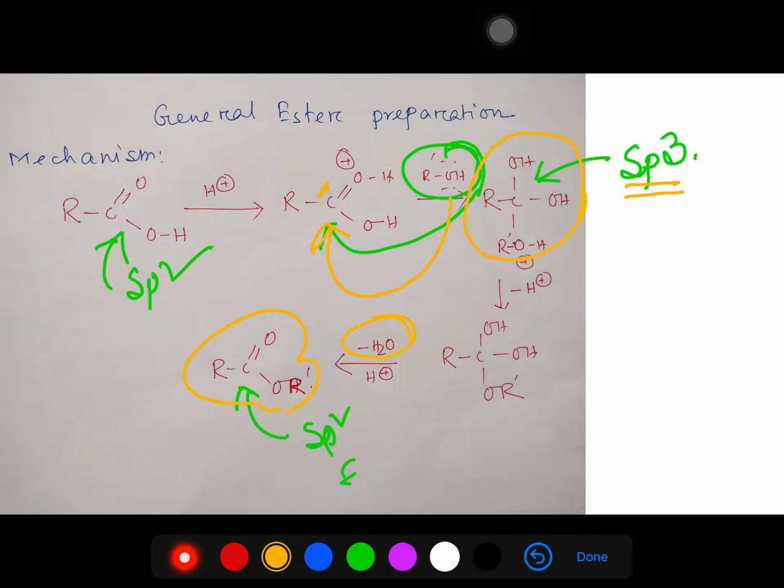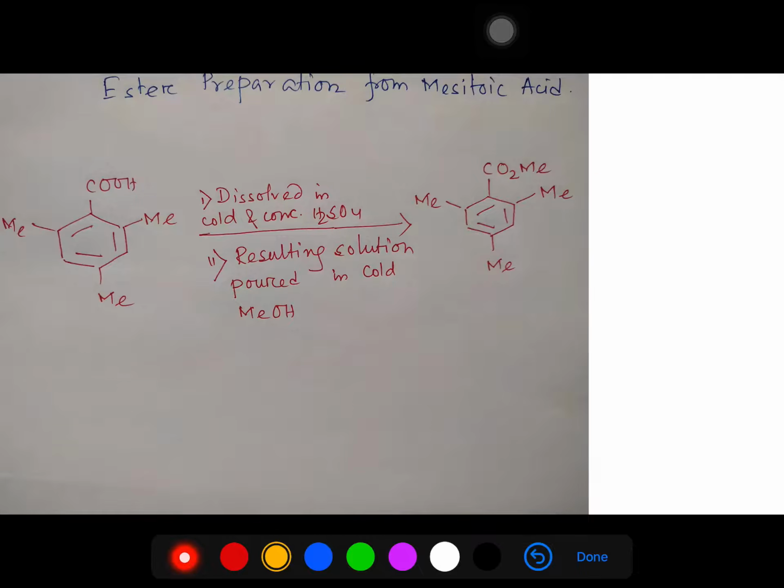But this thing is for a common ester, a general ester, but not for mesitoic acid. That's why I have given you this, so that you can understand the difference between common ester preparation and mesitoic ester preparation. See, in this case, this is a mesitoic acid derivative, first dissolved in cold concentrated sulfuric acid, then poured into cold methanol, as I told just some time before.